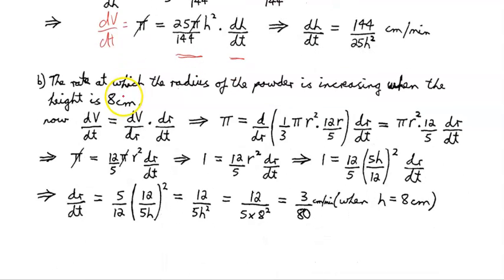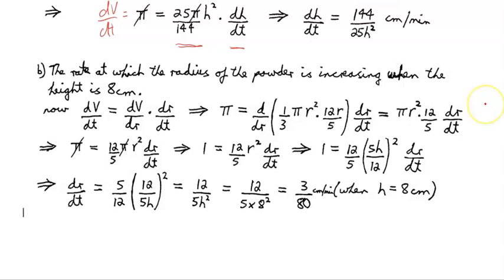We're interested now in the rate at which the radius of the powder is increasing when the height is 8 centimetres. So at the instant the height is 8 centimetres, we form another related rate. This time dV/dt is dV/dr times dr/dt.